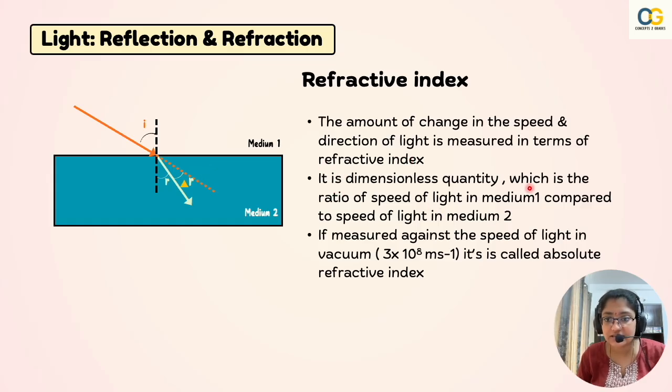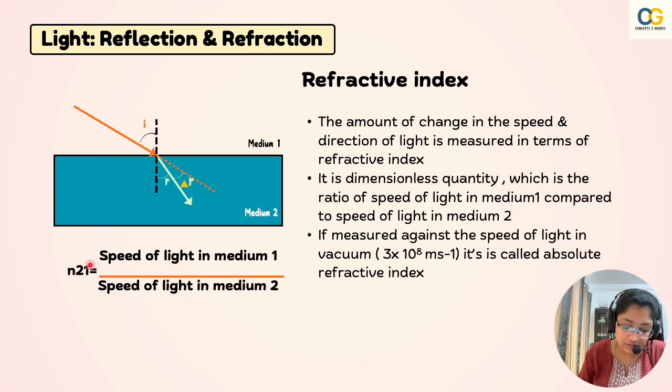It's a dimensionless quantity which compares the ratio of the speed of light in one medium to the speed of light in another medium. And if you compare it against the speed of light in vacuum, which is 3 into 10 to the power 8 meters per second, it is called absolute refractive index. So if I want to find the refractive index of medium 2 with respect to medium 1, it is the speed of light in medium 1 divided by the speed of light in medium 2.